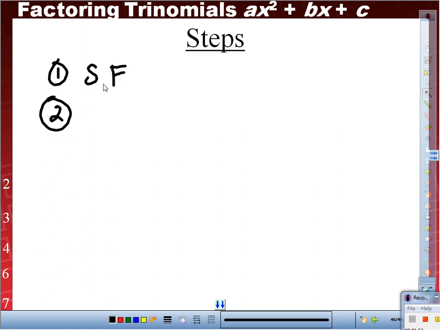Standard form. And what else? That is correct. And find the GCF. Those 2 things are the most important part of factoring before you get started with any method.